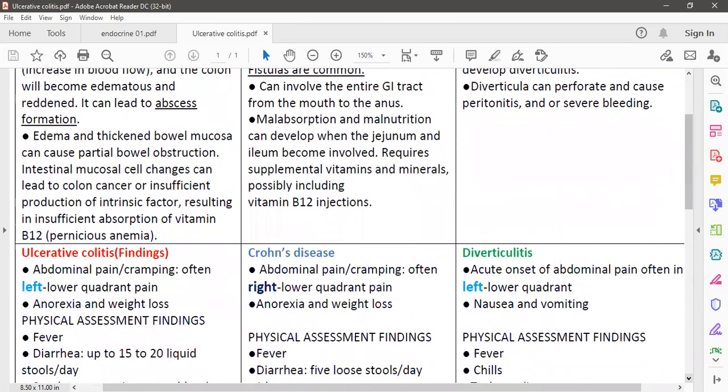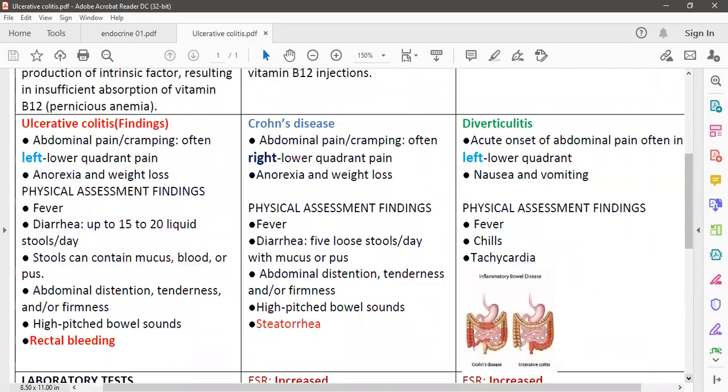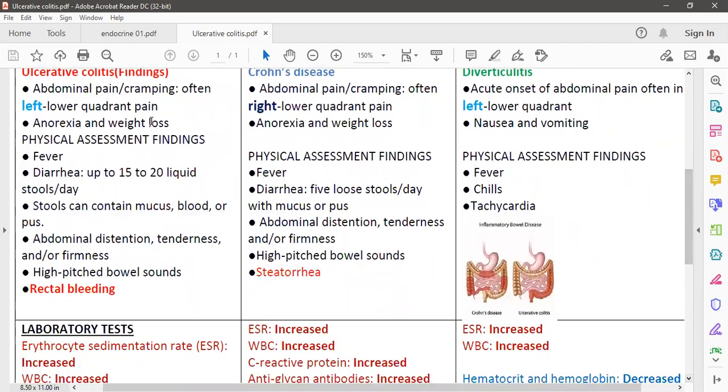Now go for the signs and symptoms, compare and contrast. In case of ulcerative colitis, you see abdominal pain. Diverticulitis, acute onset of abdominal pain. Also, patient has pain and fever. It is a common sign for ulcerative colitis, Crohn disease, and diverticulitis. Only the location differs. Ulcerative colitis has a left lower quadrant pain.